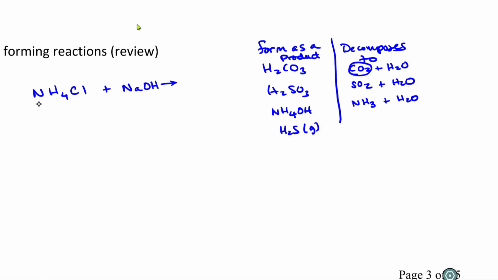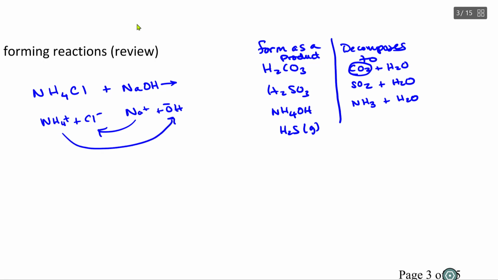So I have ammonium ion, which is NH4 plus Cl minus, and then NaOH would be Na plus OH minus, like this. And then the Na and the Cl will go together, and then the NH4 and the OH go together, and that gives us NaCl plus NH4OH, and then you should recognize at this point this gets replaced by NH3 and H2O. And this is the gas, like that, okay?